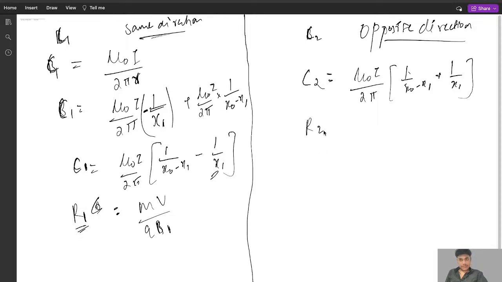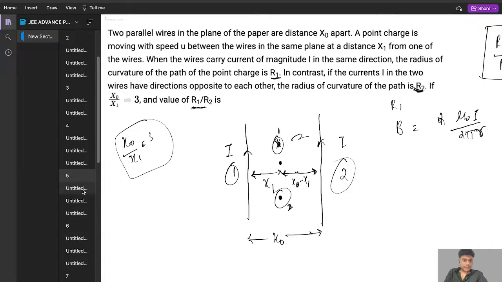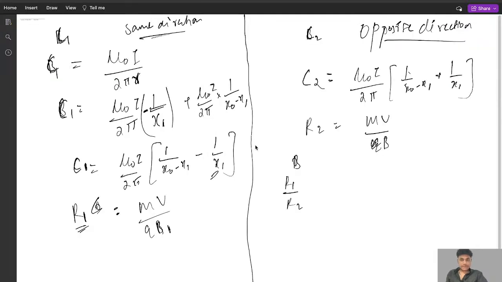Okay, R2 is equal to M V by Q B2, right? If we see the ratio R1 by R2, let me check, R1 by R2 is equal to M V by Q B1 into Q B2 by M V, right?